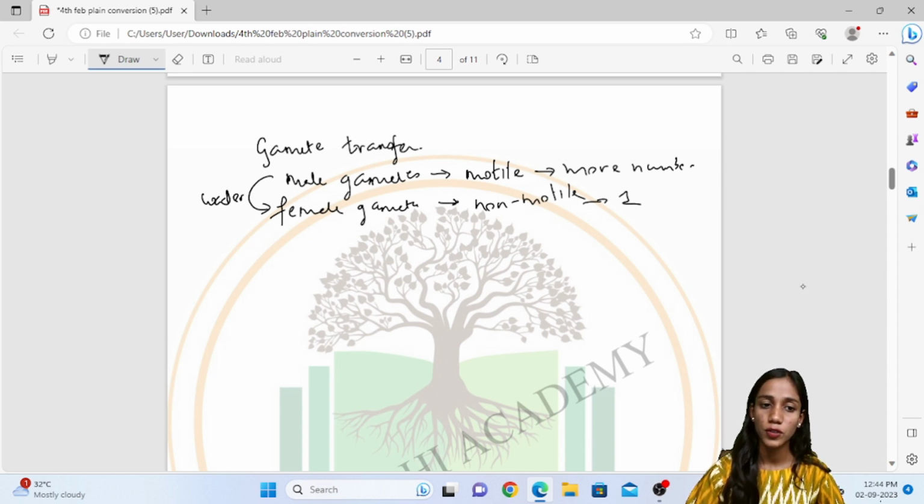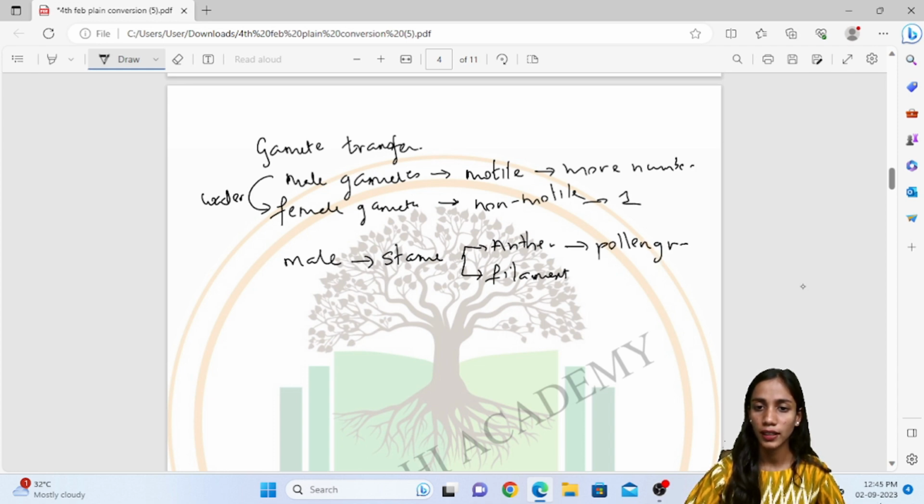The stamen has the anther and the filament. On the anther, the pollen grains contain the male gamete.